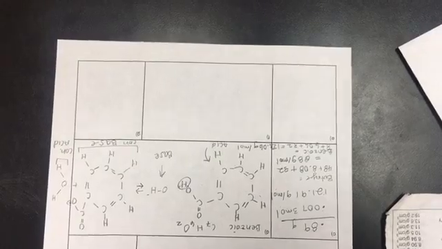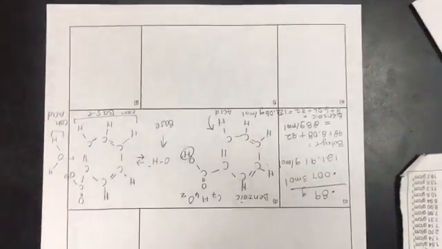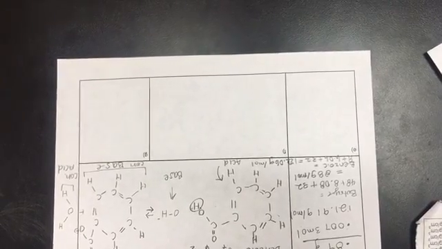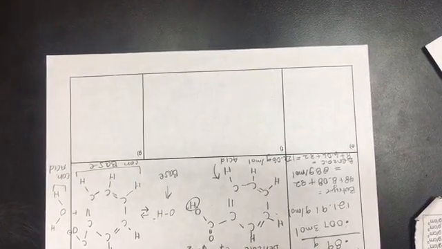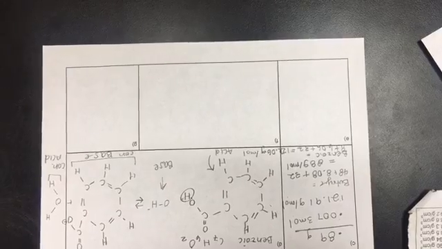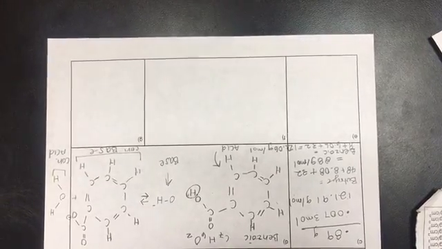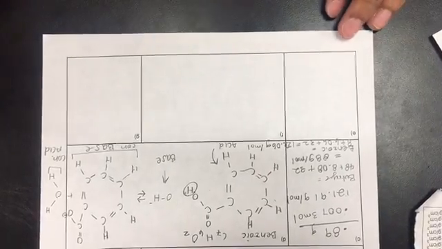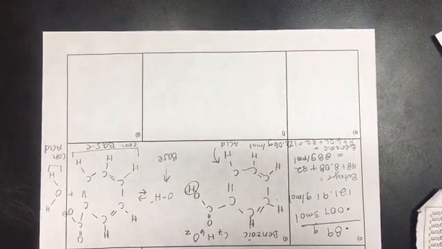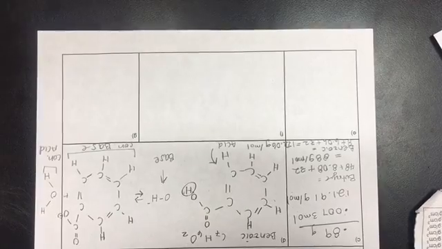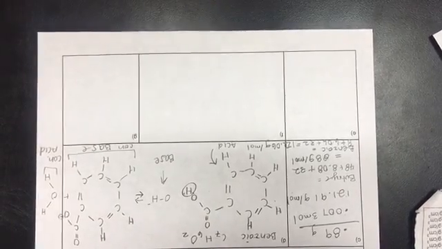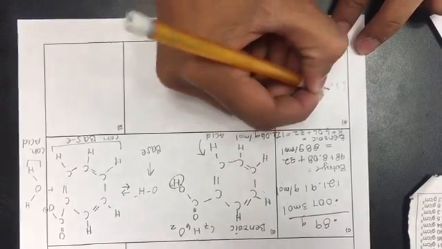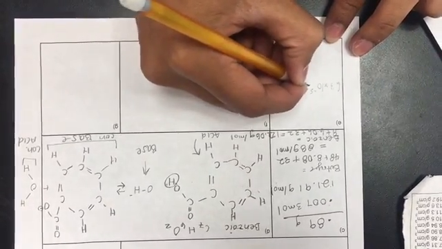For letter E, it asks, butyric acid and benzoic acid are considered weak acids and have Ka's of 1.5 times 10 to the negative 5 and 6.3 times 10 to the negative 5. It tells us to write the Ka equation for the unknown acid. So to start, you need to pick the Ka of benzoic acid, because that's what we found from the previous questions. That would be 6.3 times 10 to the negative 5.